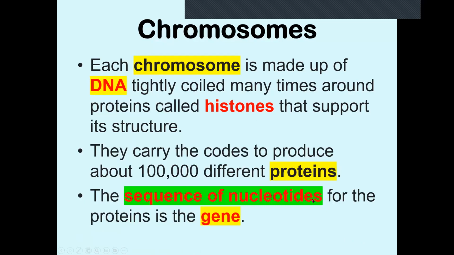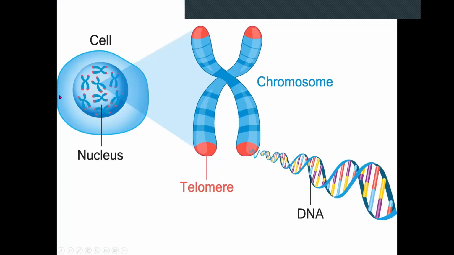Now, the sequence of nucleotides, yeah, I'll get to those later, for each protein is in the gene. So a gene is a sequence of nucleotides which codes for the proteins which we produce. So if you've got a cell, you've got a nucleus, a chromosome basically looks like that.